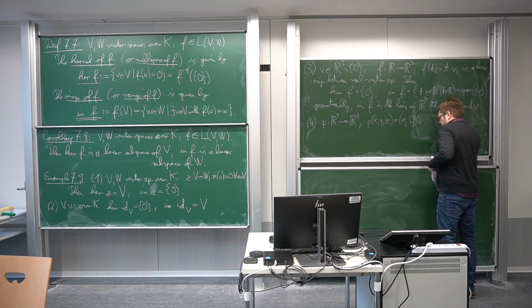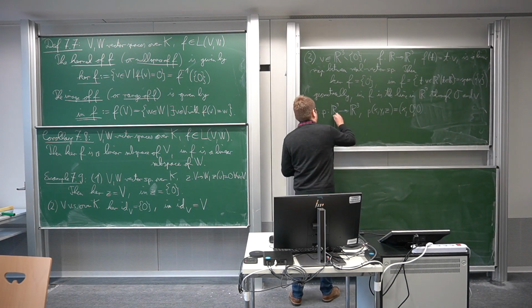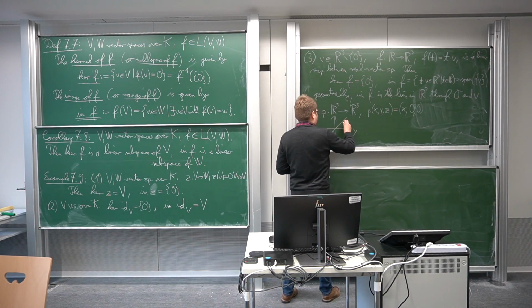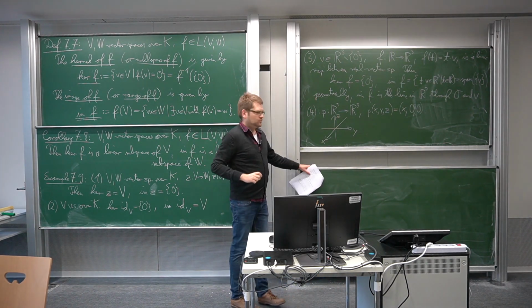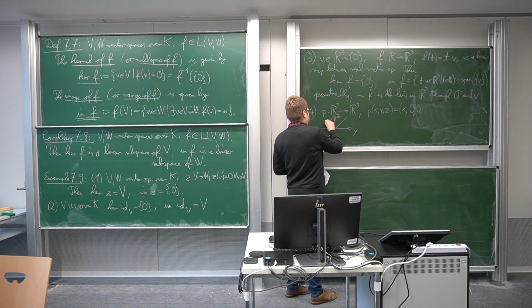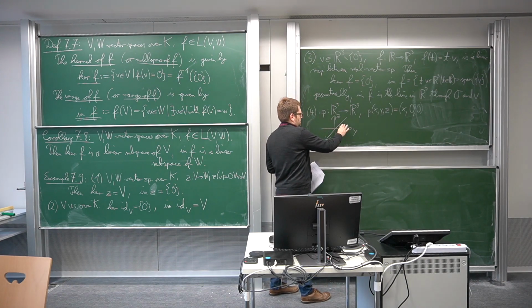So geometrically, let me just do a very simple picture. If this is the x direction, this is y, this is z. This would mean that if we have some arbitrary point, let's say somewhere over here, below the xy plane, we take the point x, y, z and just put the y and the z coordinate equal to 0.